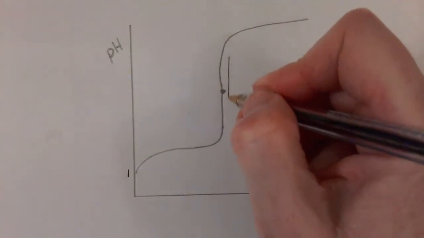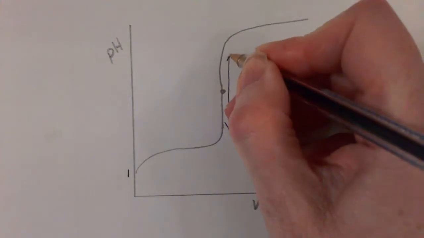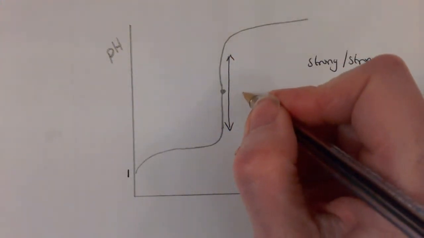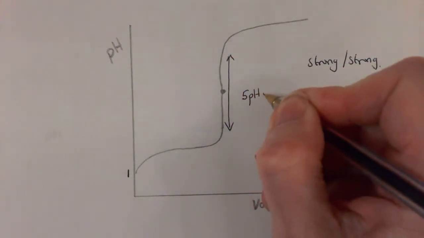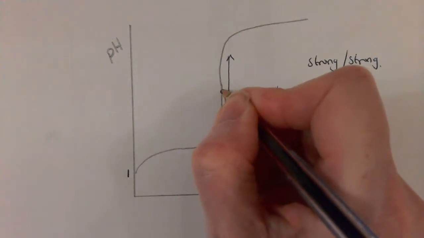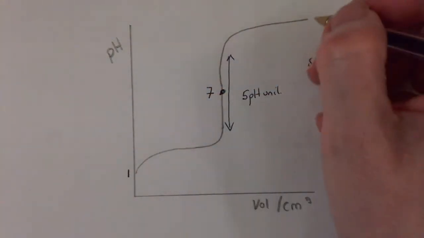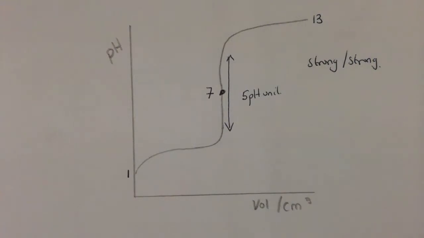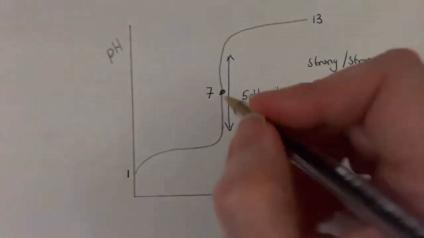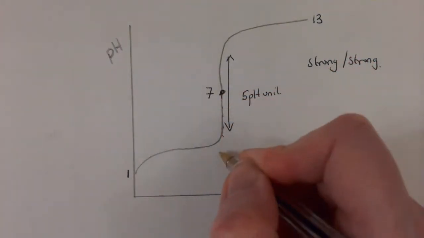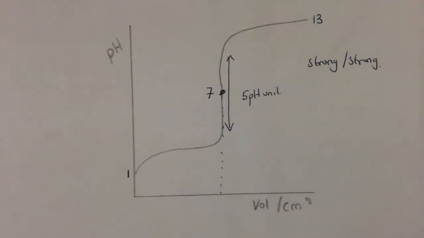There is a long vertical section of about 5 pH units. The end point, the equivalence point here, is pH 7, and it finishes at around about pH 13. Do watch the volume. It should match the data given in the question, but that is a strong.